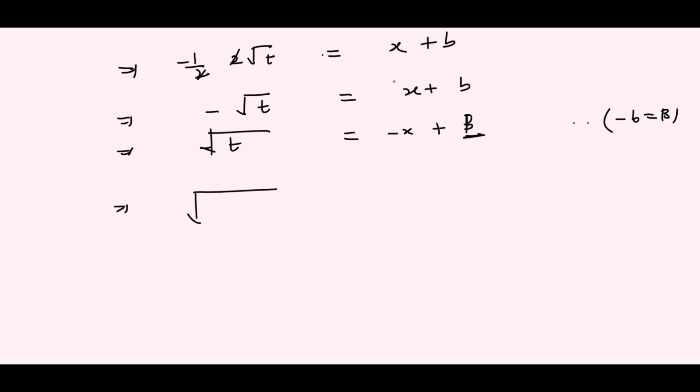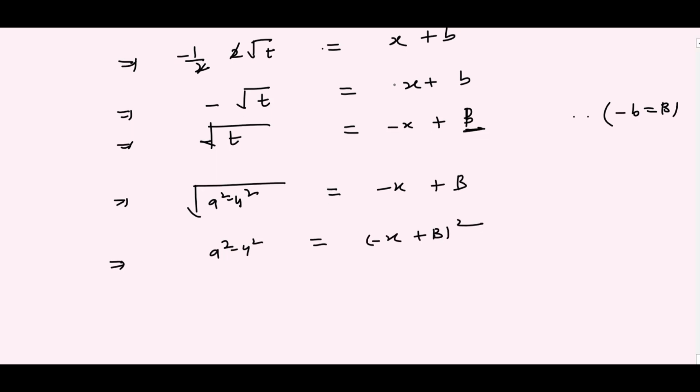and the value of t, that is a square minus y square is equal to minus x plus B. So now squaring on both sides it will give a square minus y square is equal to minus x plus B to whole square.